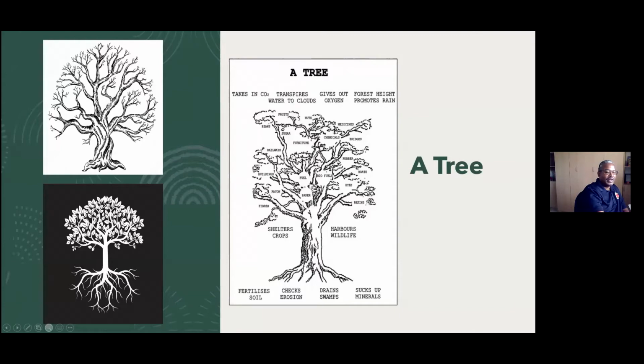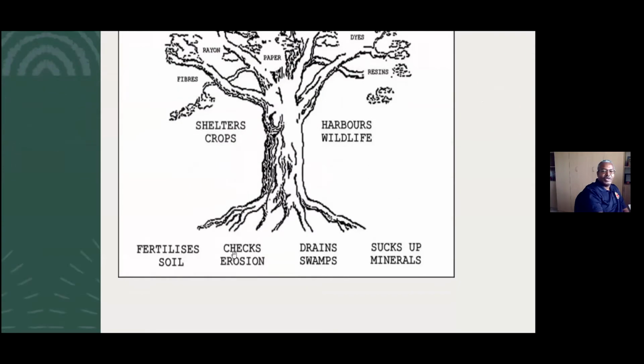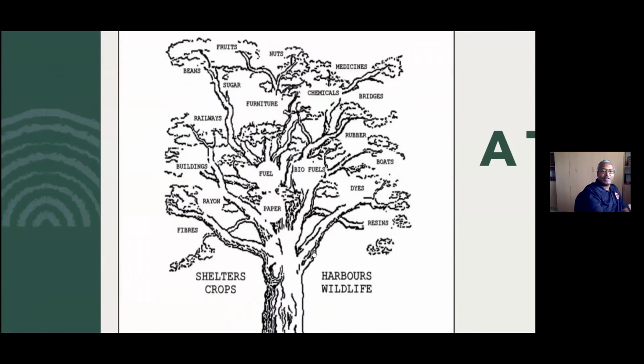We see the nabari, beneath the nabari, the roots. We see the trunk, and then we see the branches and the leaves and what the tree bears, fruits, nuts, et cetera.